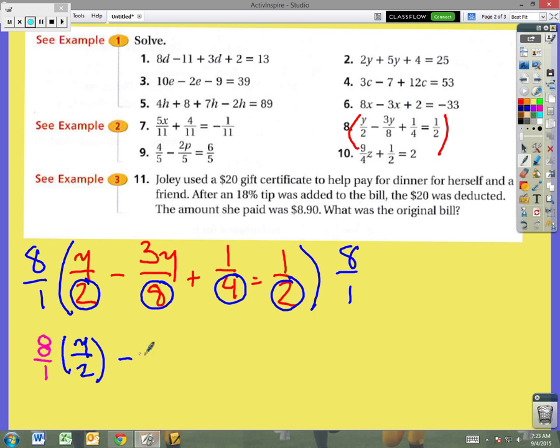Minus, again, I have to multiply every term by 8 over 1, or 8, because that's the least common multiple. I'm just making it a fraction because everything else is a fraction. It just jives a little easier for us. 3 over 1 times y divided by 8. Plus 8 over 1 times 1/4.